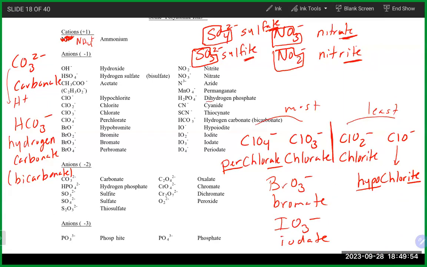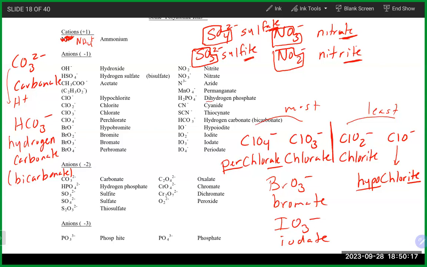This would be the only place where you would have a Roman numeral and a prefix together, and that's because the prefix is part of the name of the polyatomic ion, like dihydrogen or dichromate. You're not putting the prefix on yourself.